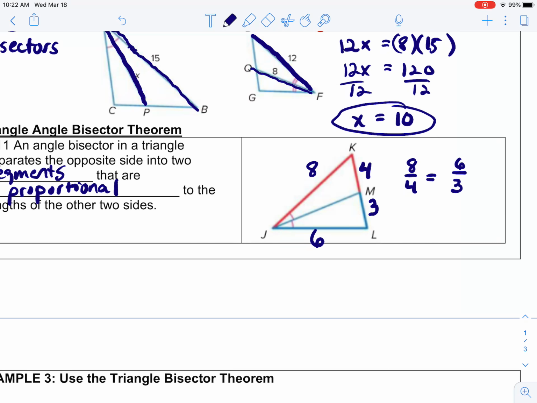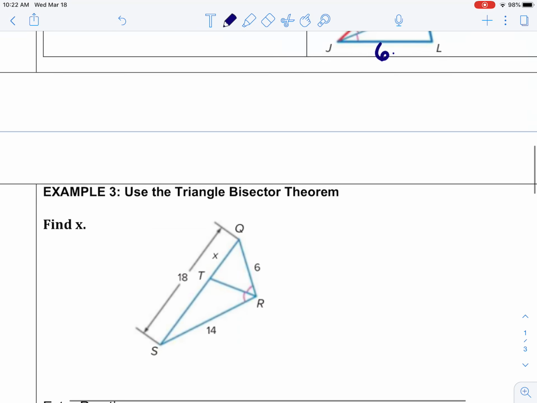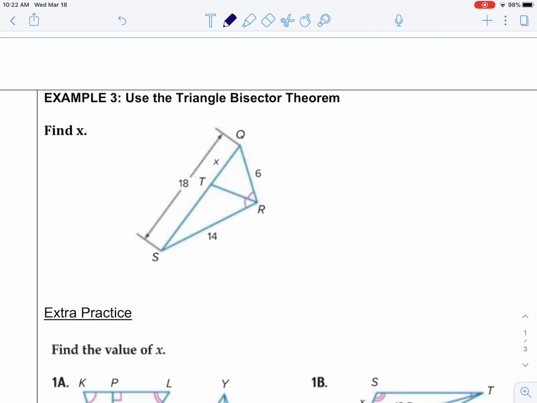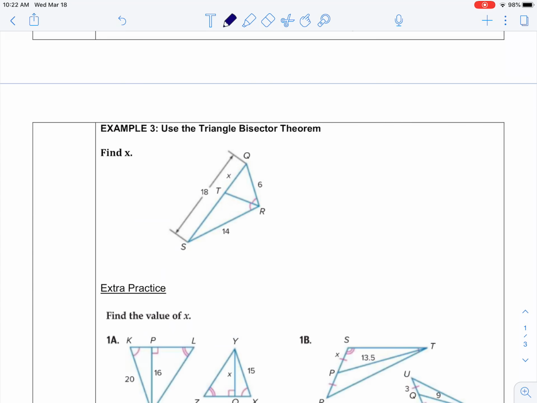What we're saying is that the angle bisector splits the opposite side into proportional parts when we compare it to the corresponding side lengths, 8 and 6. Okay, so let's go ahead and do an example related to that on the next page here.